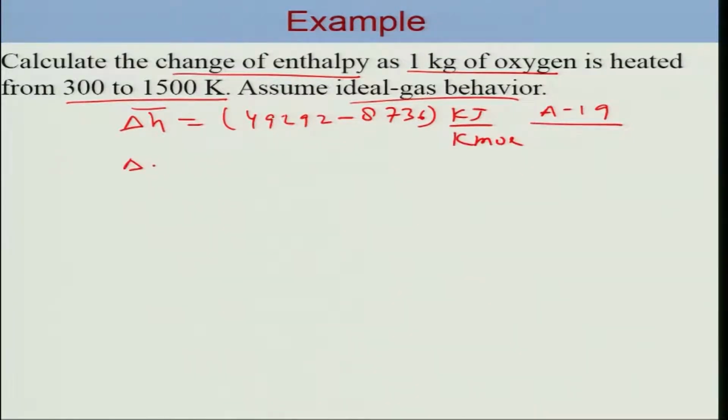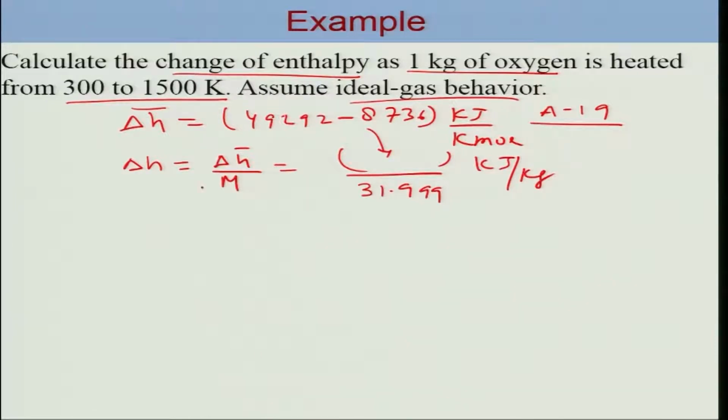If you want to convert this into mass basis, then essentially you divide by the molar mass, which for oxygen is 31.999. This becomes kilojoules per kg. So this value turns out to be 1267.375 kilojoules per kg. So this is one way to obtain the change in enthalpy, where you directly made use of the table.